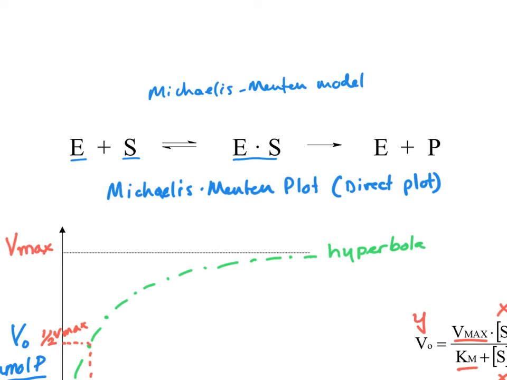ES is the Michaelis Menten complex. Keep using those two names over and over again. Once you form this complex, the dot means it's just a hand-in-glove substrate bound to the enzyme. Nothing's happened yet. Eventually, though, the substrate, once it's bound to the active site, is going to become product and get spit out, and you're going to end up with the empty enzyme and a product.